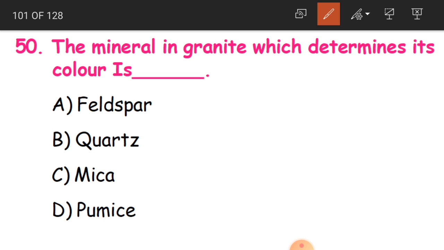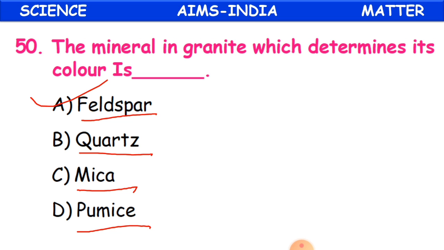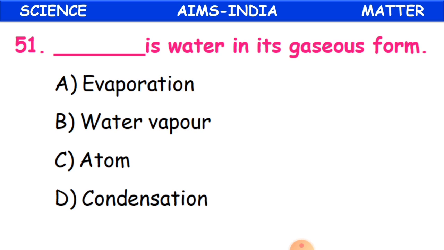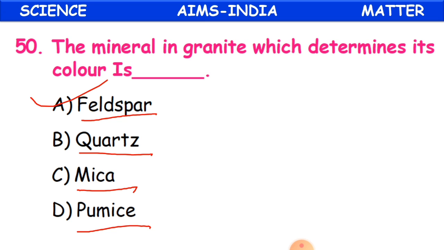Which is going to determine the color of granite: feldspar, quartz, mica or pumice? That is feldspar. This is the name of a mineral, children, which is going to determine the color of the granite. Pumice and mica are also minerals, also stones.